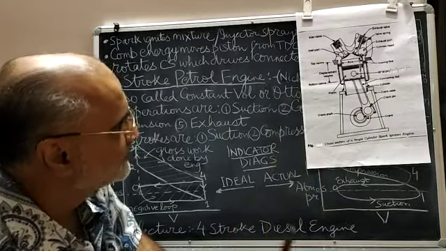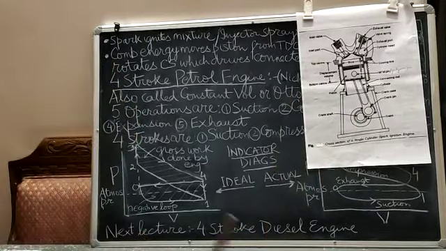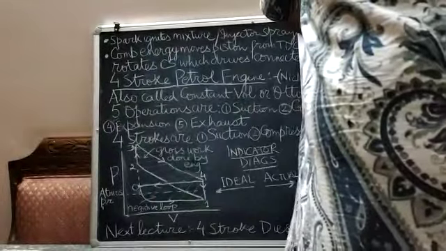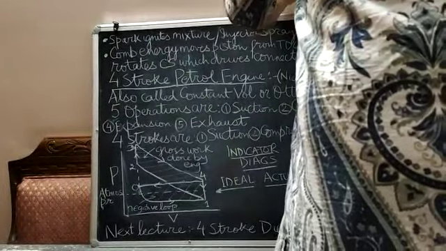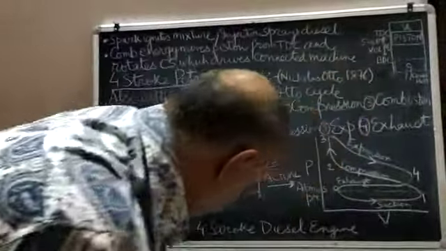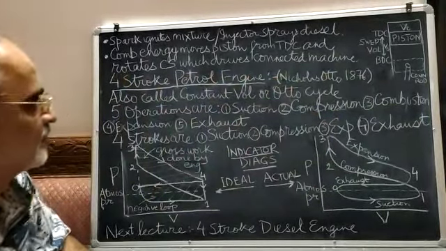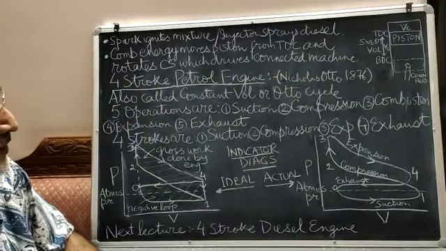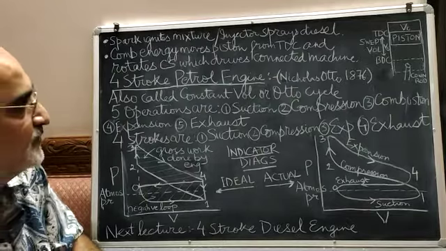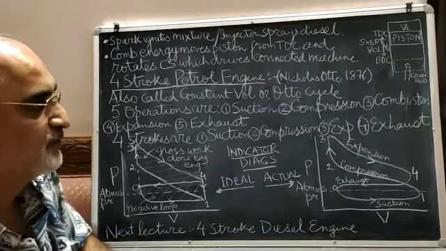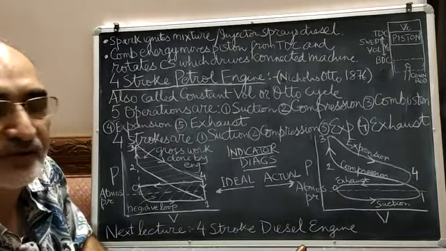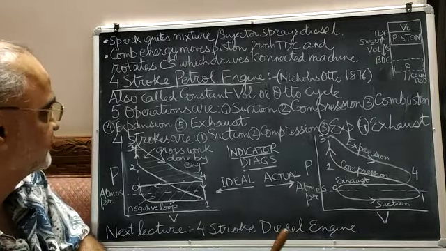So having seen the parts, now we can study the 4-stroke petrol engine. The 4-stroke petrol engine was invented by a German by the name Nicholas Otto in the year 1876.